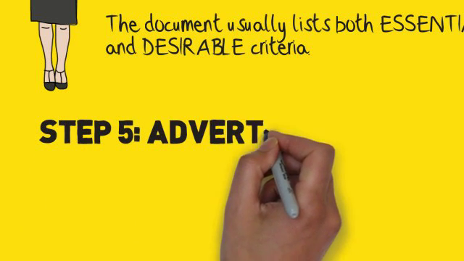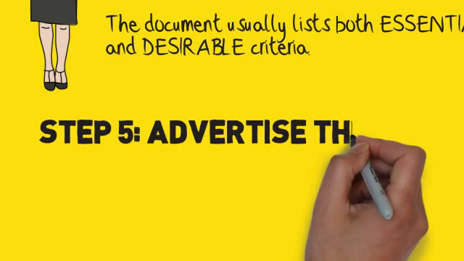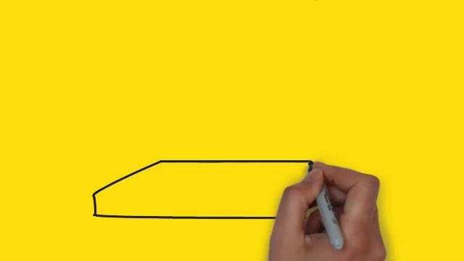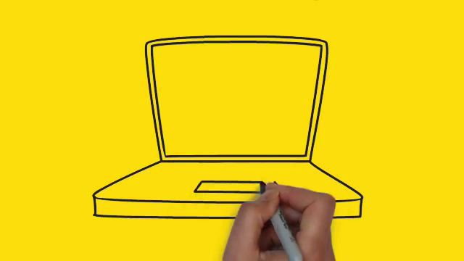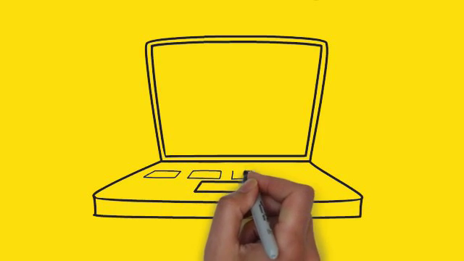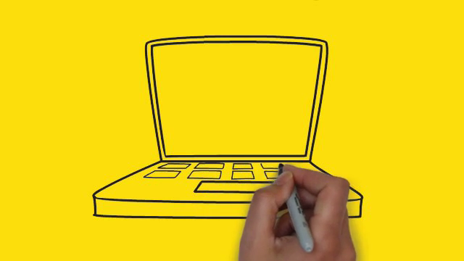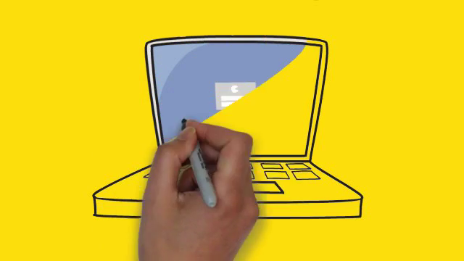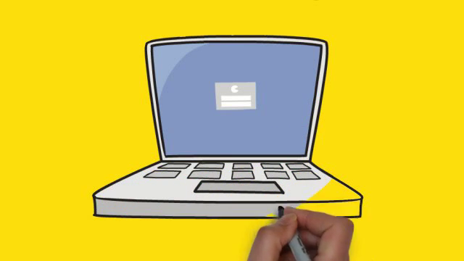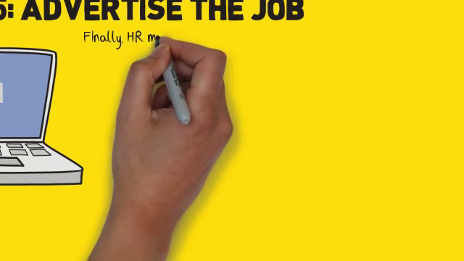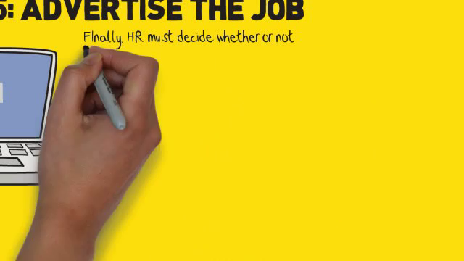When we move on to our 5th stage, we then bring together our 2 documents we've created and we create an advertisement for the job. We make the advert that the public will see to attract them. And the business also at this point has to make a really big decision. Will we advertise this job internally, or will we advertise it externally, or perhaps a mixture of both?